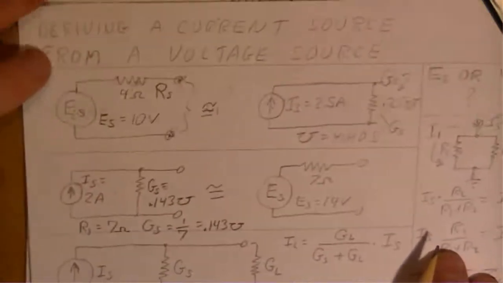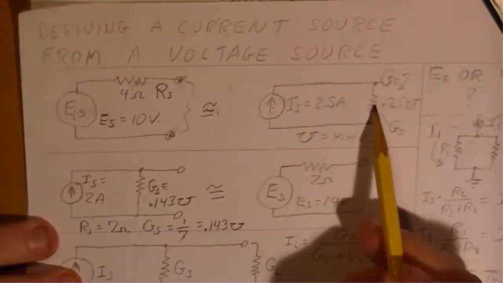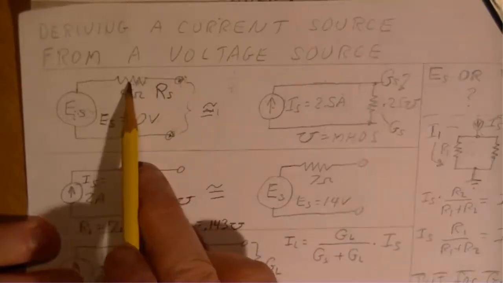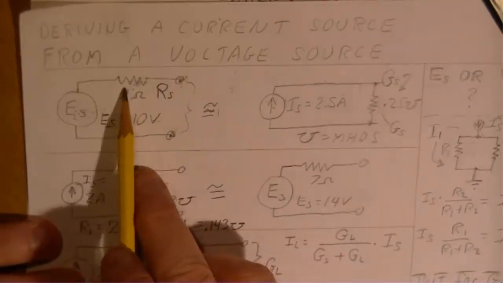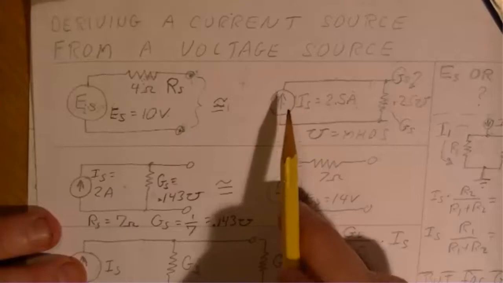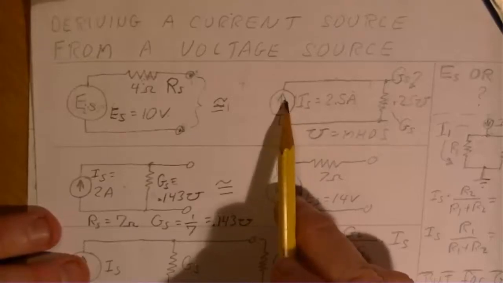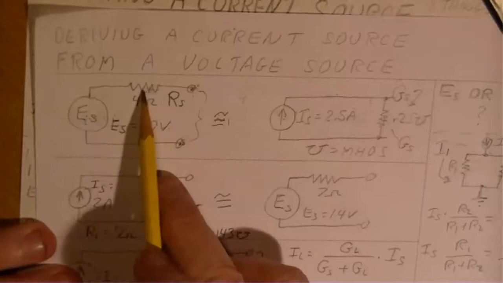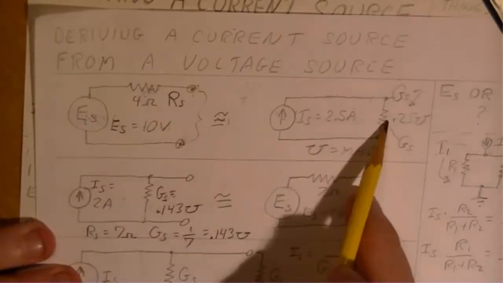Now, as you can see, this resistor is in parallel, which makes sense because it's the duality of a resistor in series. That's why you put the conductance in parallel with the current source. The current source is the duality of the voltage source. This resistor is in series, so this one is in parallel.